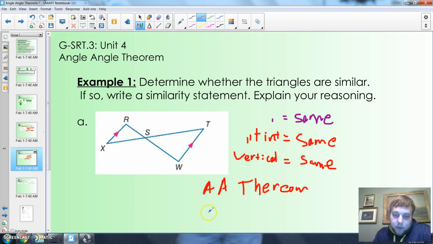I know that triangle XRS is similar to triangle TWS. Good enough.